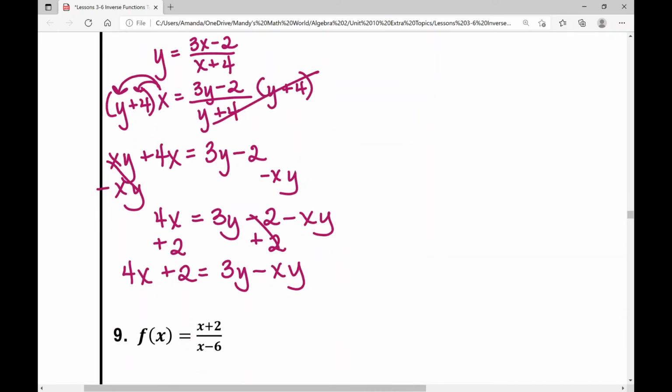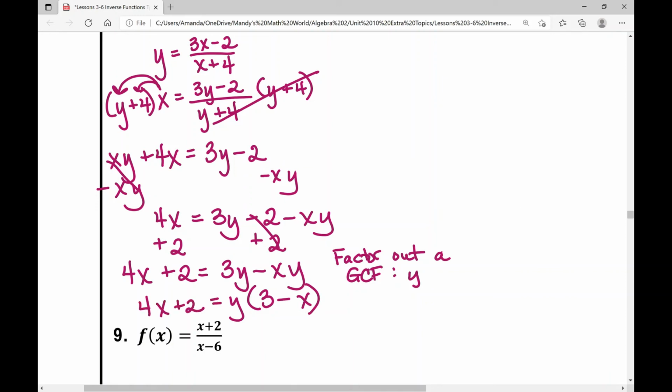So what do we do when we get to this point? If my goal is to get y all by itself on one side of the equal sign, what I'm going to do here is factor out a y. A GCF, that's my greatest common factor, which is y. When I factor out a y, I'm left with 3 minus x, equals 4x plus 2.